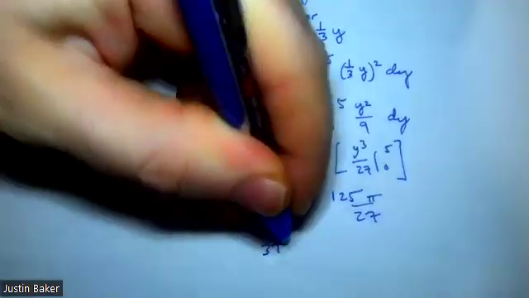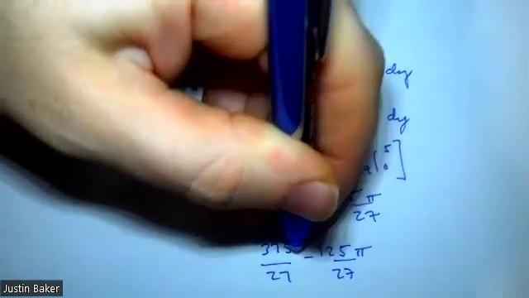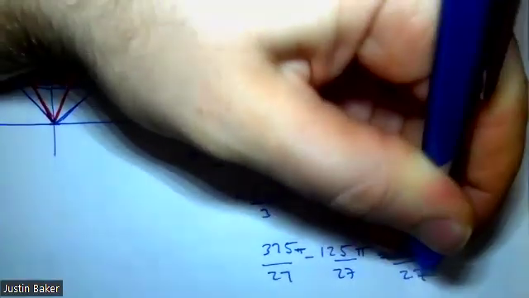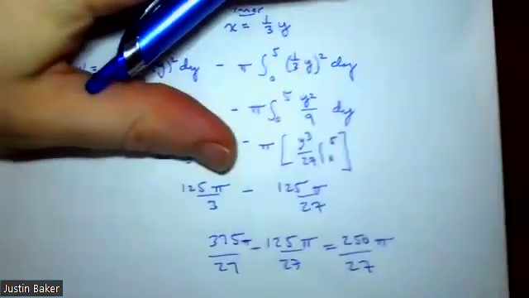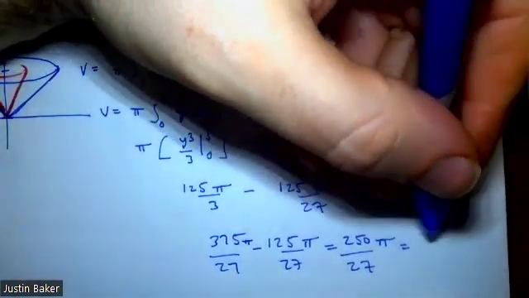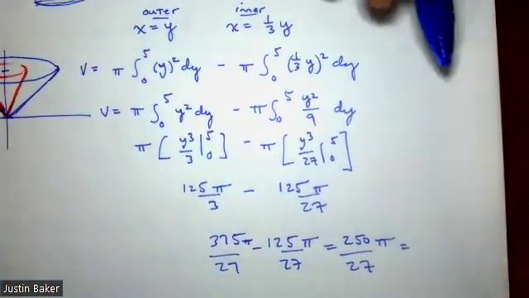That would be what, 375 over 27. And that's 250 over 27. Looks like these are divisible by some stuff. So it looks like divisible by 3 would take us to, wait, no, I'm lying. That's not divisible by 3. Might be final answer right there.